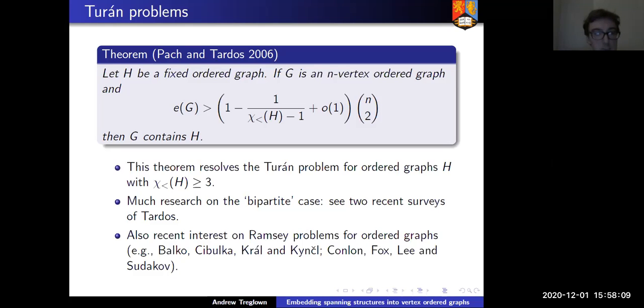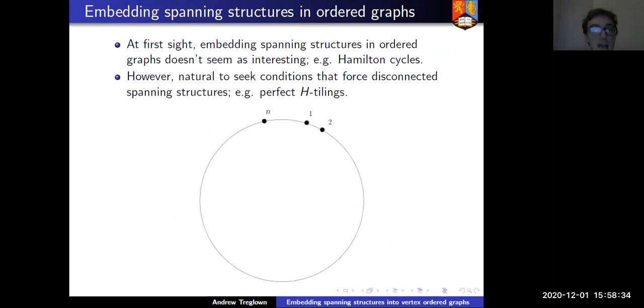But before I change topic, before I talk about my main topic, I also wanted to say that as well as Turán problems for ordered graphs, there's also a lot of interest in Ramsey problems for ordered graphs. I just flashed some names at the bottom there. Okay, so this has kind of motivated us: there's a lot of interest in ordered graph problems in general, but what hadn't been considered are spanning structures in ordered graphs.